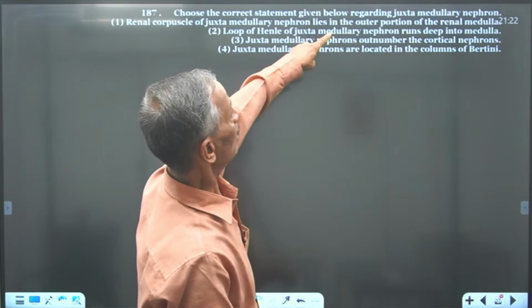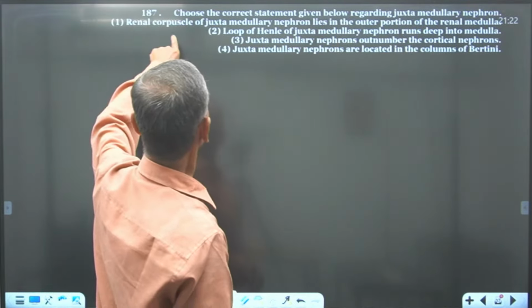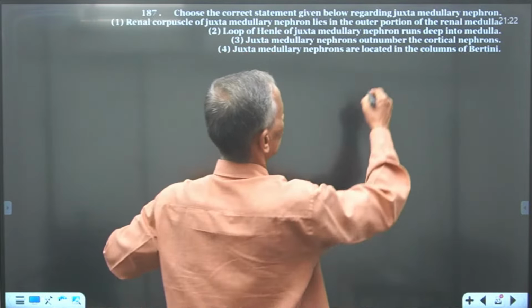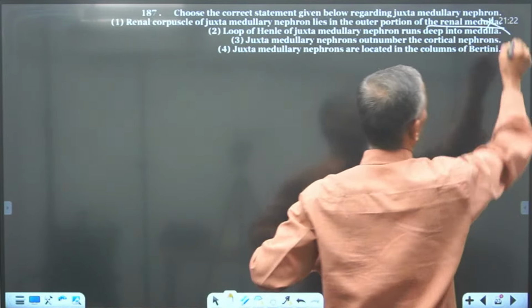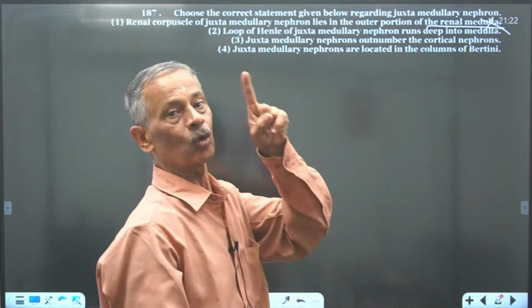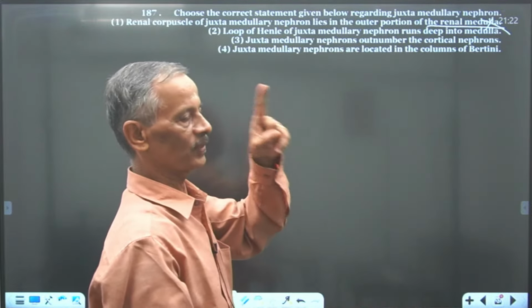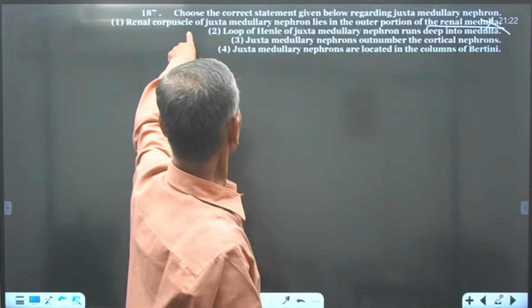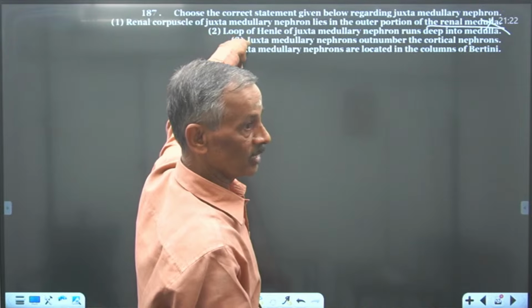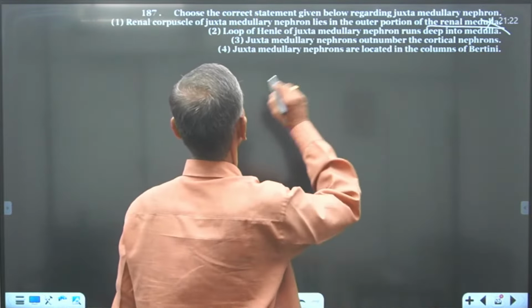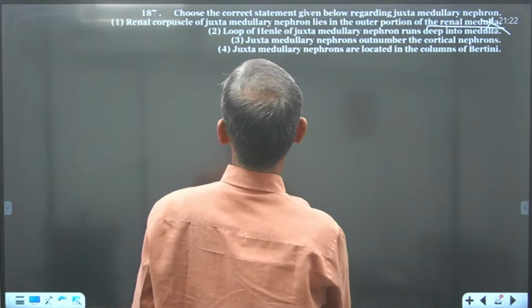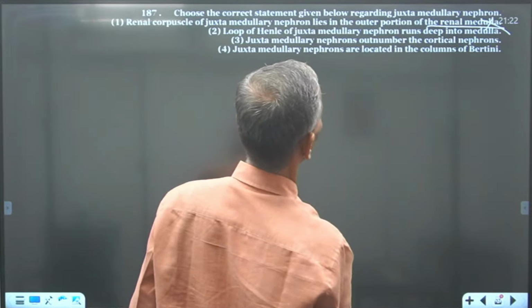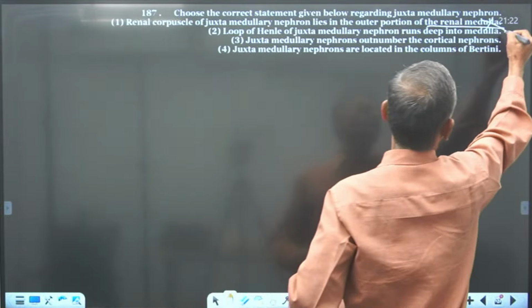Regarding juxtamedullary nephrons: renal corpuscles of juxtamedullary nephrons lie in the outer portion of the renal medulla. No, it is always in the cortex, not in the medulla. Whether it is juxtamedullary or cortical nephrons, the renal corpuscles are always lying in the cortex. So that is wrong. Loops of juxtamedullary nephrons run deep into the medulla.